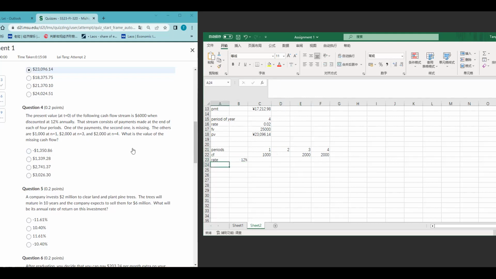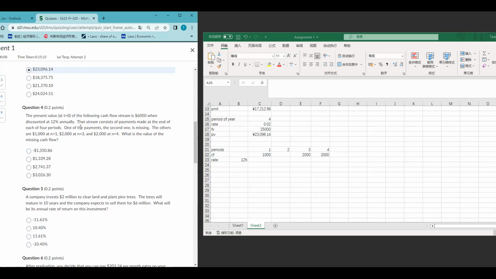What other information do we know right now? We know that the present value of the following cash flow is 6,000.